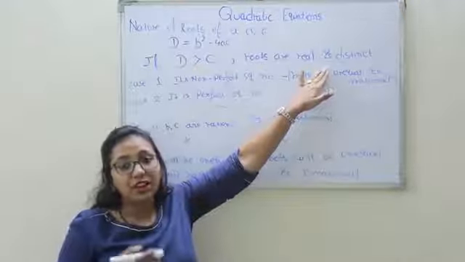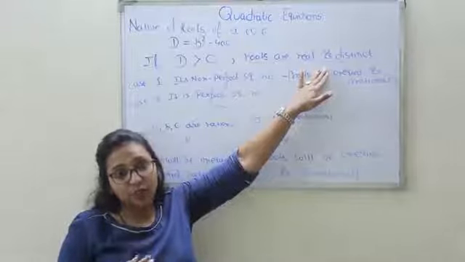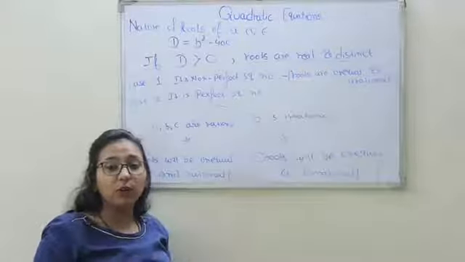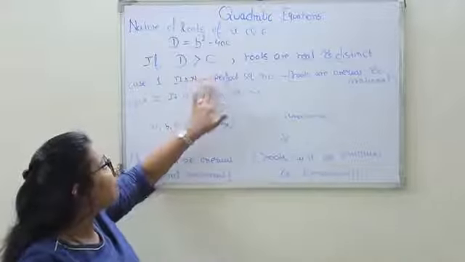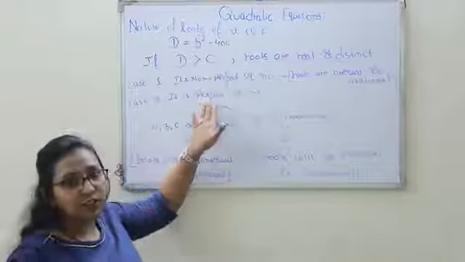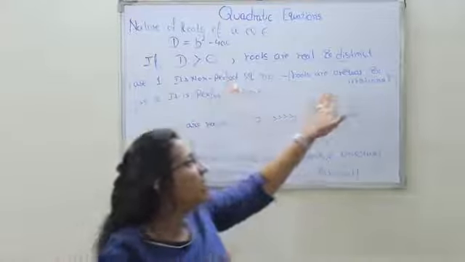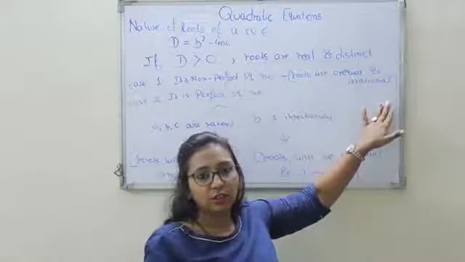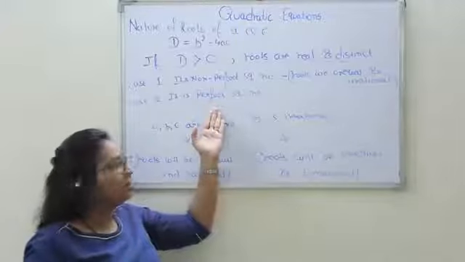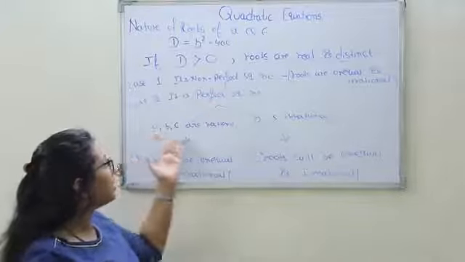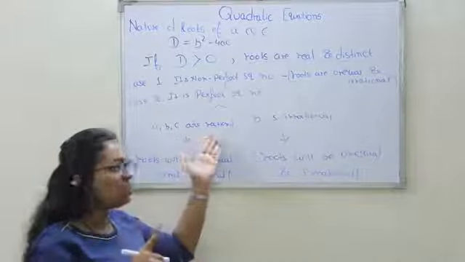But if they further ask you to clarify whether it is unequal and rational or unequal and irrational, then you have to check whether that positive number is a perfect square or not. If not a perfect square, then write unequal and irrational. But if it is a perfect square, then you have to further check whether the a, b, c of that equation are rational or not.